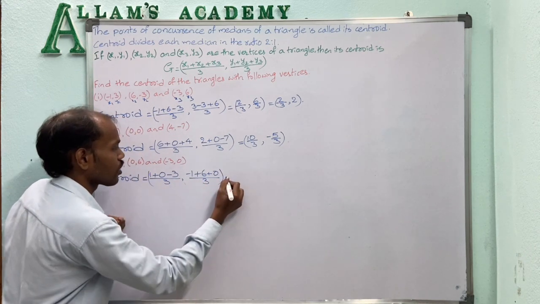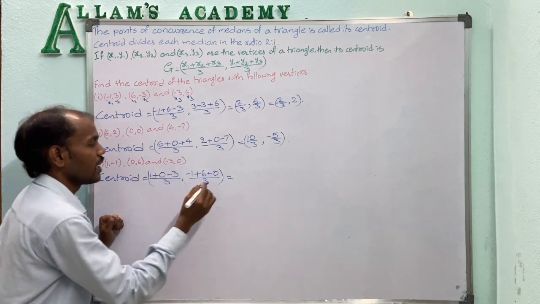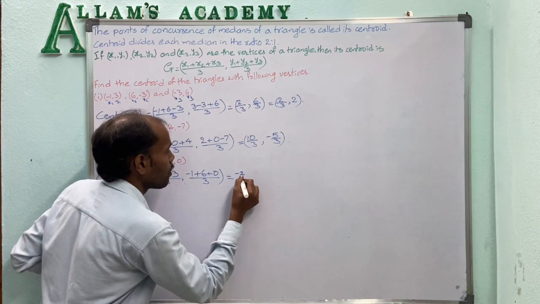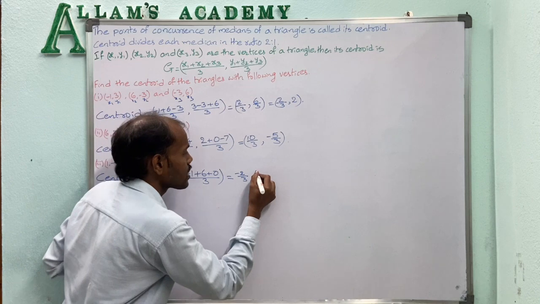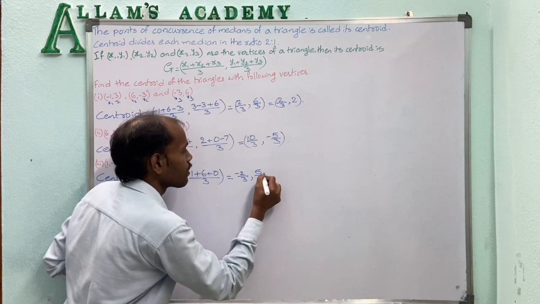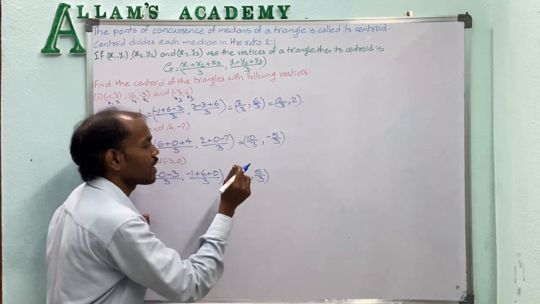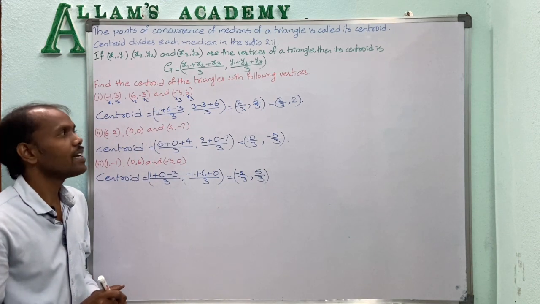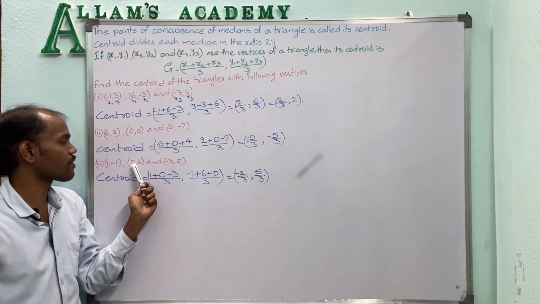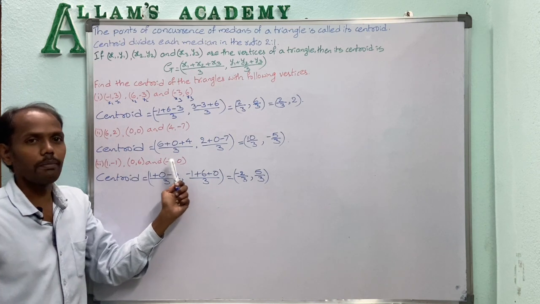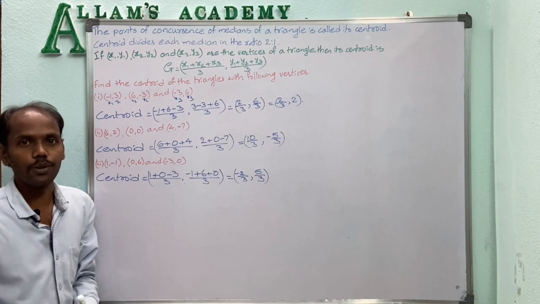That is equal to 1 - 3, that is -2 by 3, -1 + 6, that is 5 by 3. So (-2/3, 5/3) is the centroid of the triangle (1, -1), (0, 6) and (-3, 0).